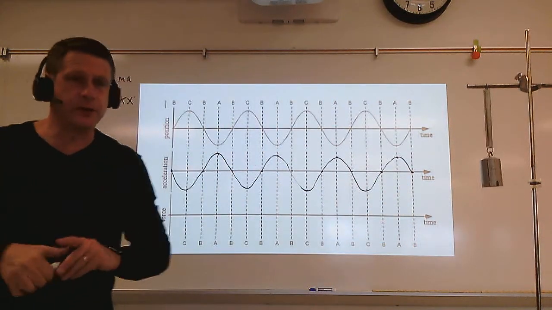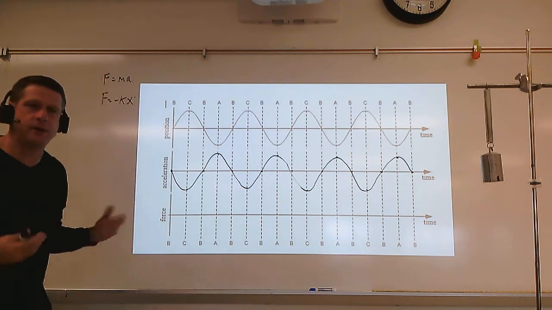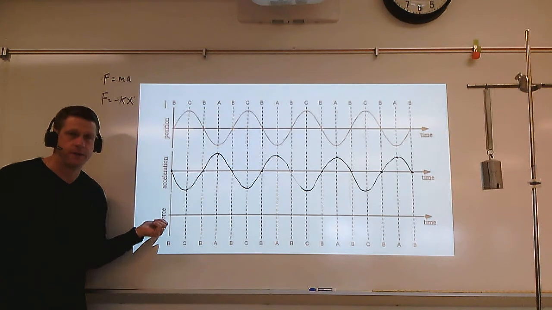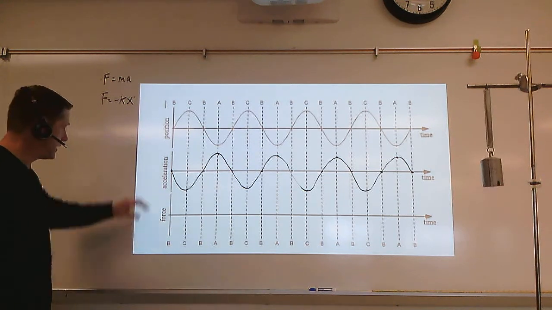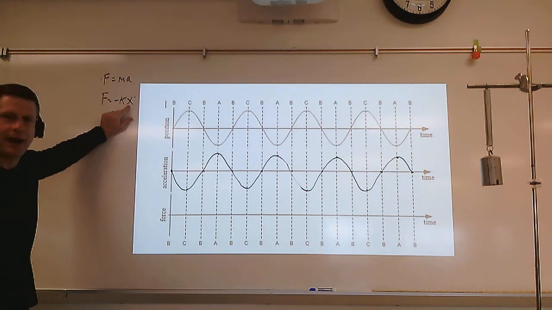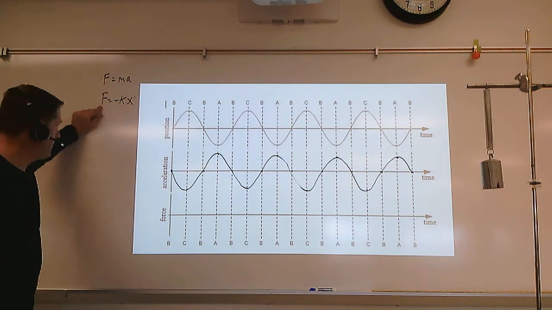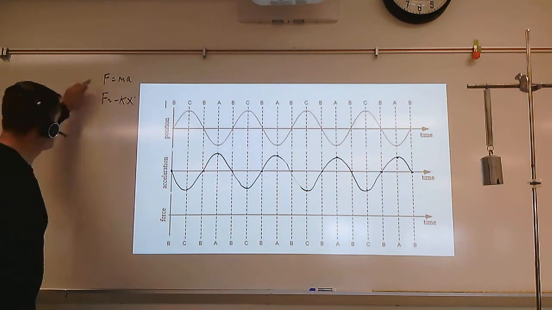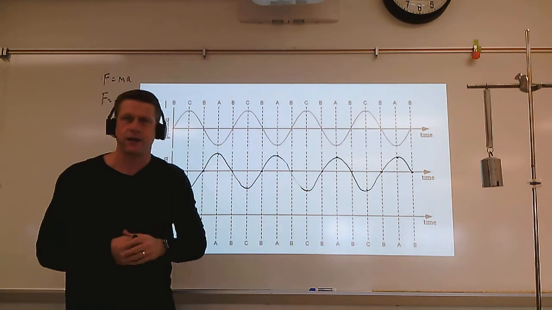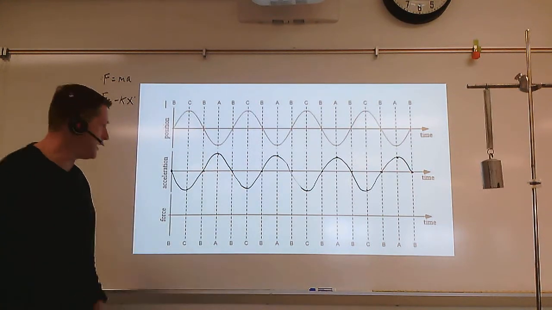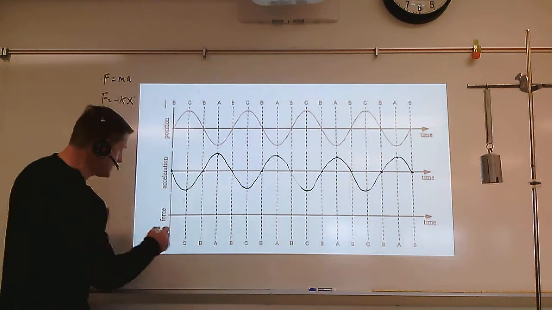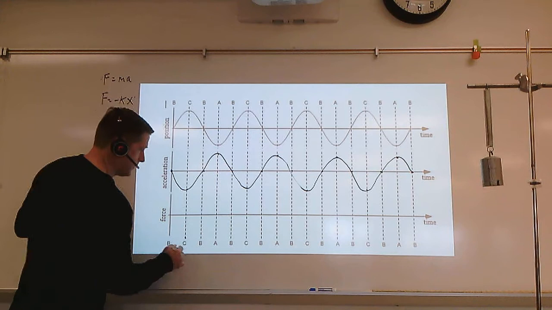Right? Now again, we could have flip-flopped these two graphs, right? Because in reality, what causes accelerations? Well, forces cause accelerations. So we could have said, hey, when I have this position graph here, if position's at its maximum positive displacement, I have a maximum negative force. We took it a step further in terms of doing our graphs because I wanted to do the velocities and the accelerations first. But in reality, if I have a maximum negative acceleration, the only way that happens is I have a maximum negative force.